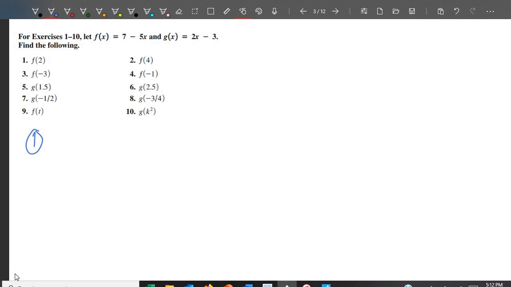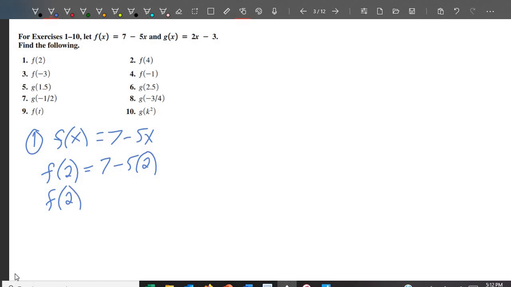Working with function f, we want to find f of 2. So we want to put a 2 where the x is, and we're going to simplify. So it's 7 minus 10, which is negative 3. So the function value for positive 2 is negative 3.